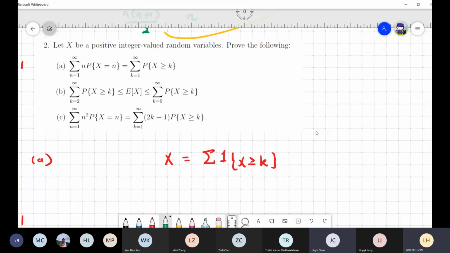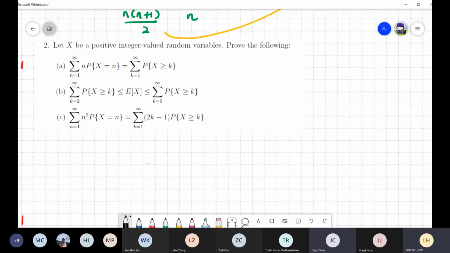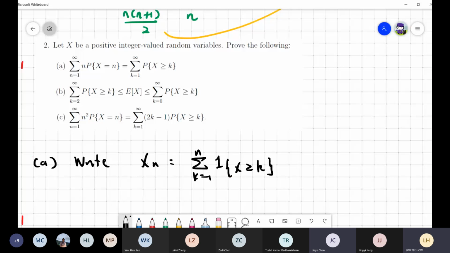After that, if we take both sides, oh no, maybe we will go through one process first. We will do it one by one. We just do the steps one by one. First, we can write this xn as the summation k from 1 to n of the indicator of x greater than or equal to k.